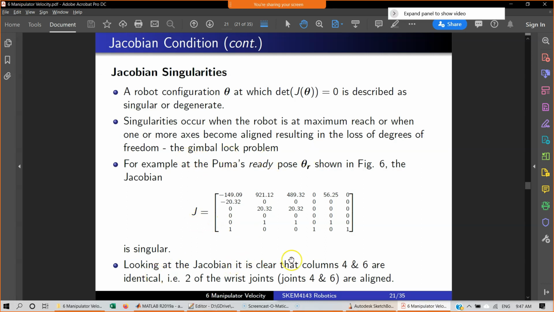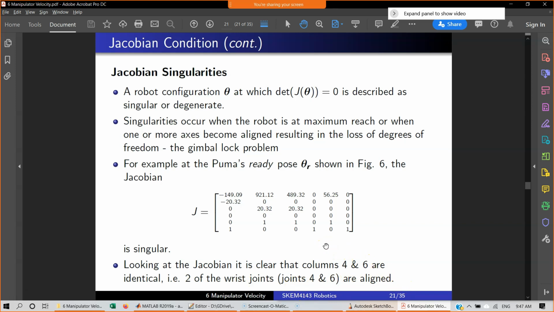Looking at the Jacobian, it is clear that columns 4 and 6 are identical. That is, two of the wrist joints, joint 4 and 6, are aligned.